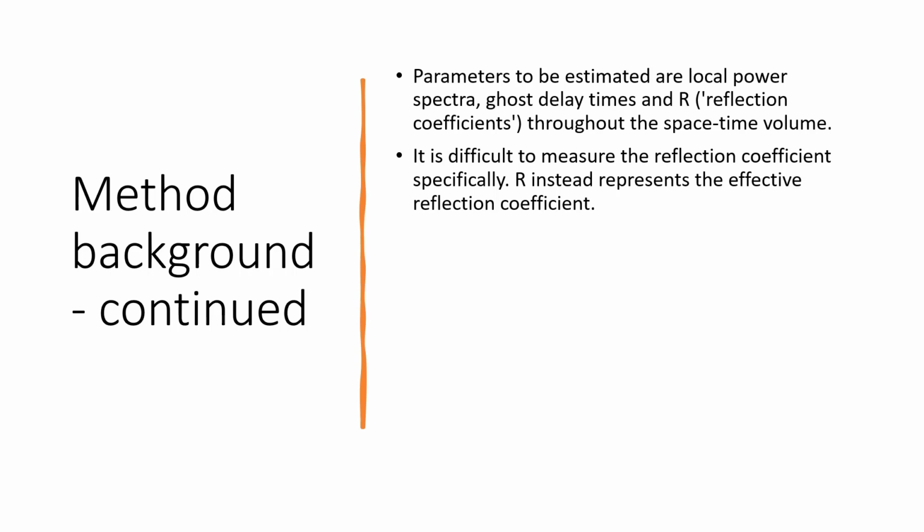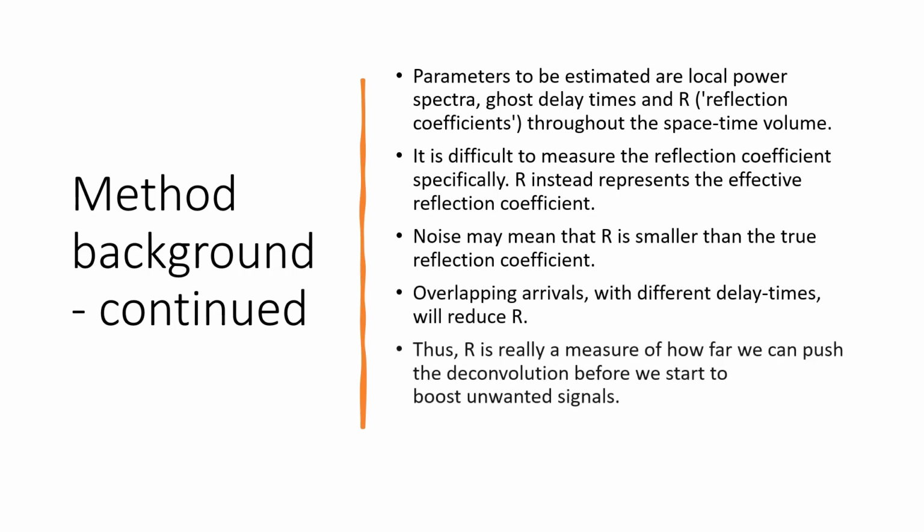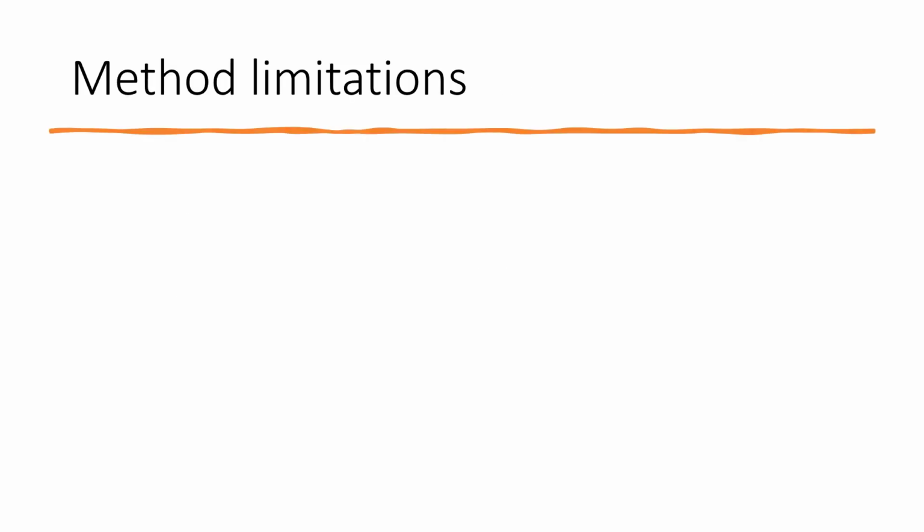It's actually difficult to measure the reflection coefficient specifically, so R is instead the effective reflection coefficient. Noise may mean that R is estimated to be smaller than the true reflection coefficient. Overlapping arrivals with different delay times can also reduce R. So in effect, R is a measure of how far we can push the deconvolution before we start to boost unwanted signals.